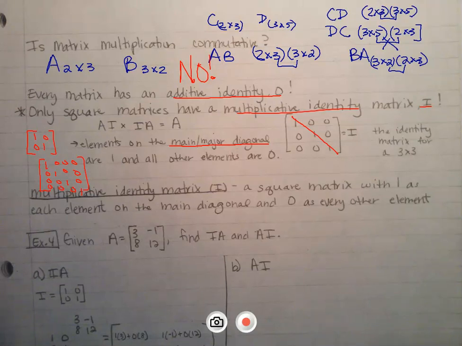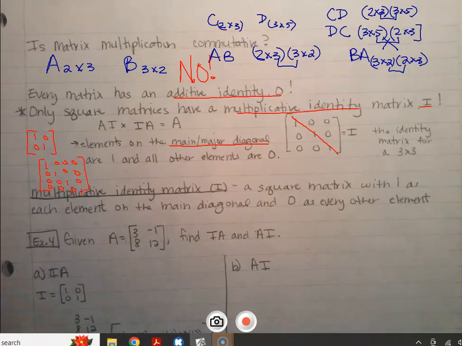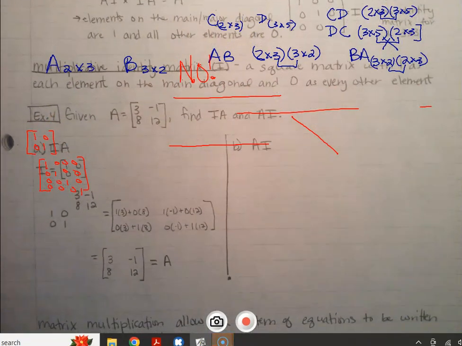The actual definition of a multiplicative identity matrix is a square matrix with 1 as each element on the main diagonal and 0 as every other element. That's your definition. But let's look at the example and how we're going to use it.